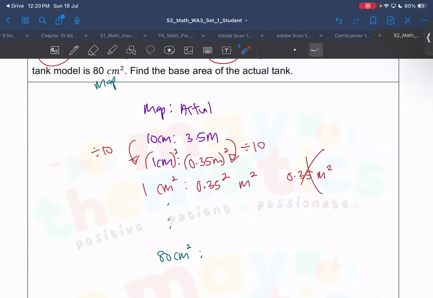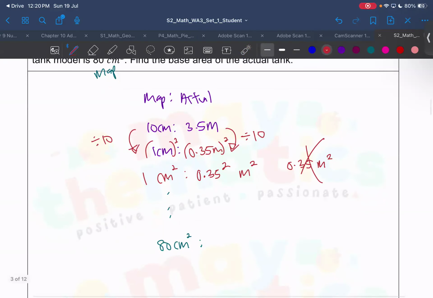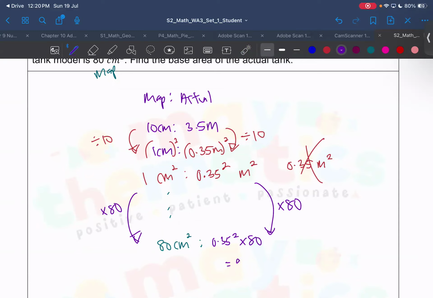Can? Okay, so now, can I find what is 80 already? Can or not? Mirabel, need to do what? Times 80. So 0.35 squared times 80. I will get 9.8 meters squared. Can see or not?